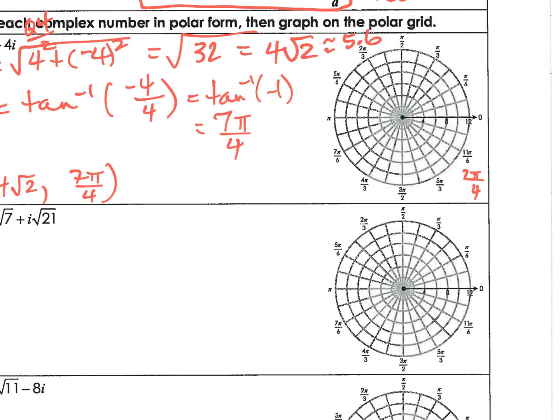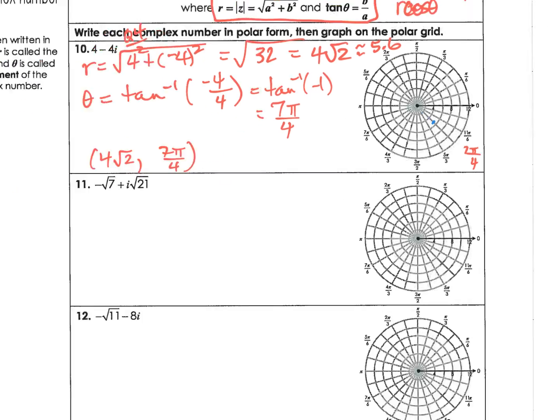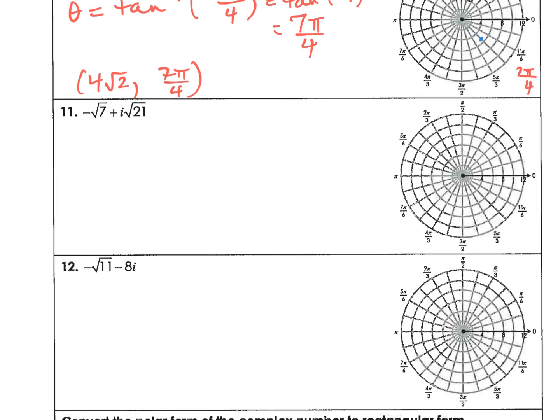So now, why don't you guys try one? What quadrant? So quadrant 2. See if you can find R. See if you can find theta.